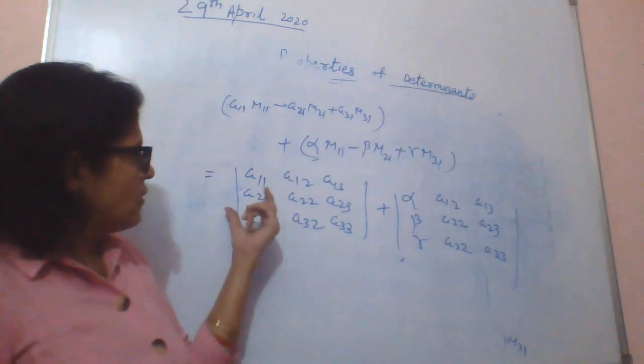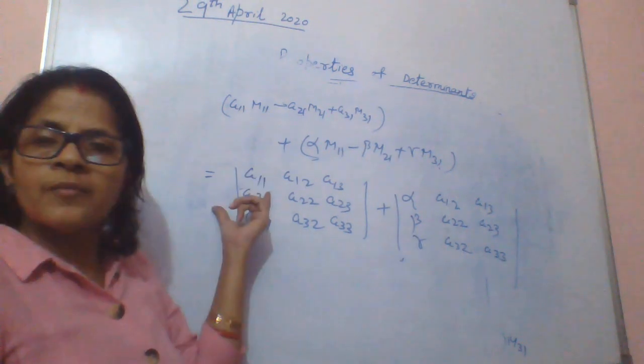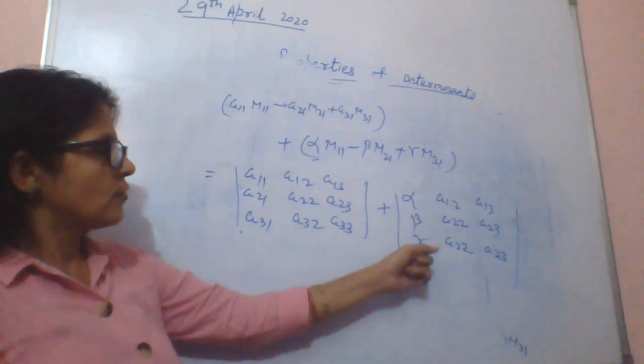It means if your elements are column wise, the first column was the sum of two terms, you are getting the determinant as the sum of two determinants like this.